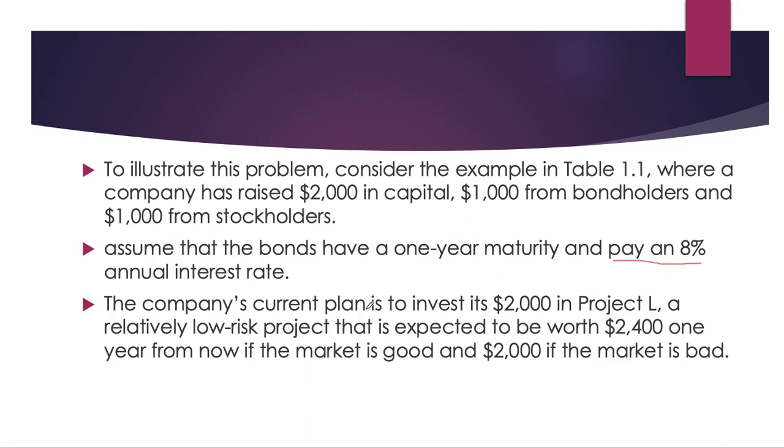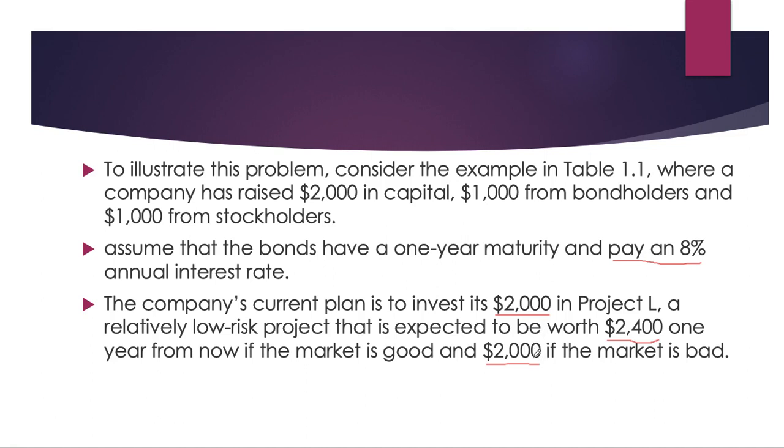And the company's current plan is to use this initial capital of $2,000. And as you have seen in the previous table, for project L, this is a relatively low-risk project, and expected to be worth $2,400 1 year from the investment. And it will be $2,000 if the market is in bad condition.